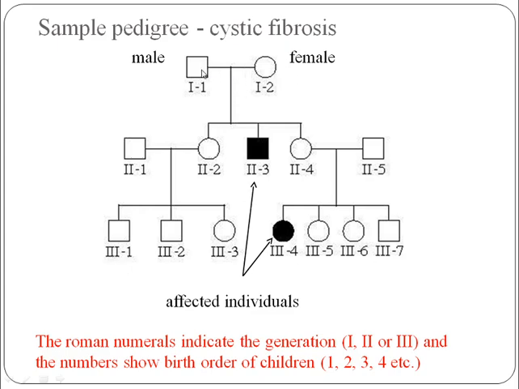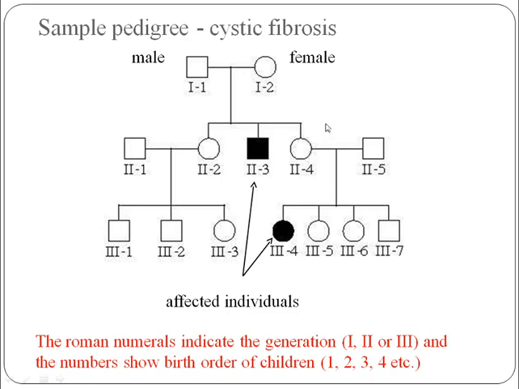The marriage between the male and female of the first generation is denoted by this horizontal bar, and by this vertical bar we draw the children born from this marriage. Again, a circle for a daughter and a square for a son.